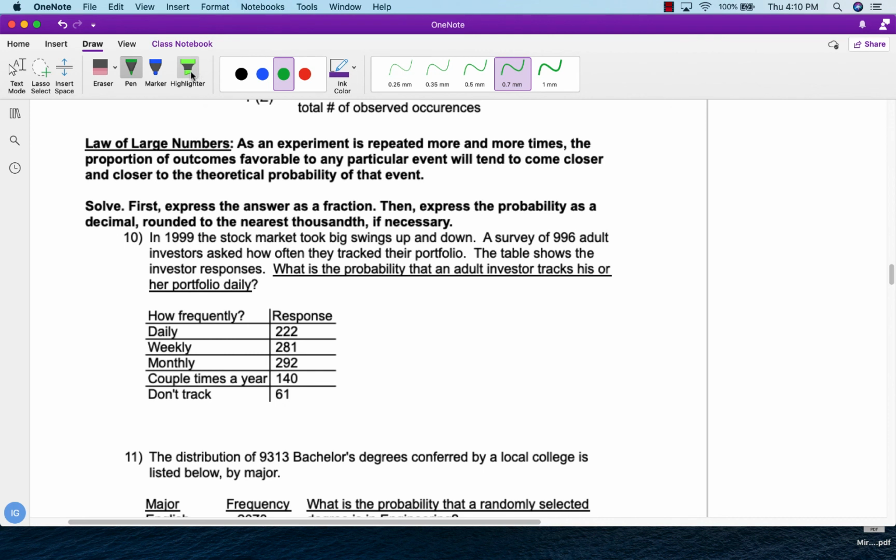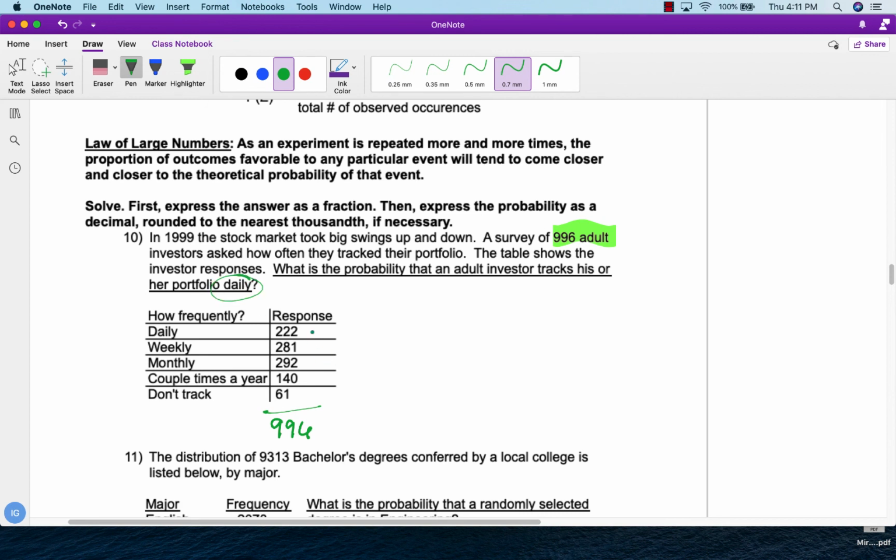Alright, so here it gives you the total number of adults that basically took the survey. And here it tells you how often they check their portfolio. So daily, weekly, monthly, and it gives you a number of people who do that. So I'm going to put actually the total right here, 996. So we're looking for the number that checks daily.